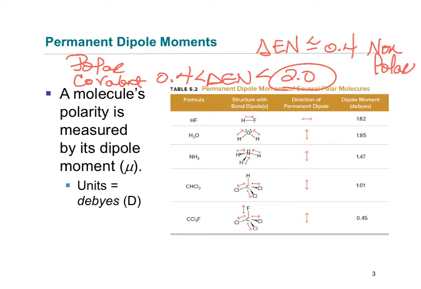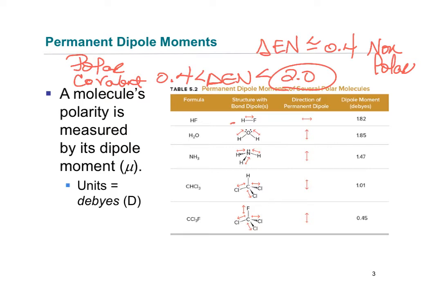Now, just because a molecule has a polar bond does not necessarily mean that the molecule is going to be polar. That sounds weird at this point, but I'm going to explain it. A couple more vocabulary items when we talk about polarity: chemists indicate polarity either with partial charges.